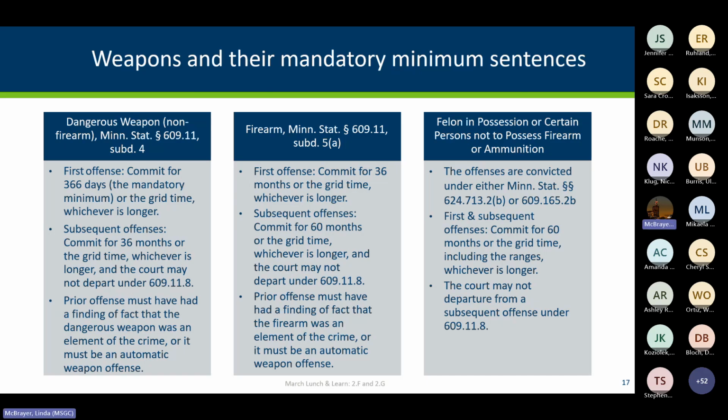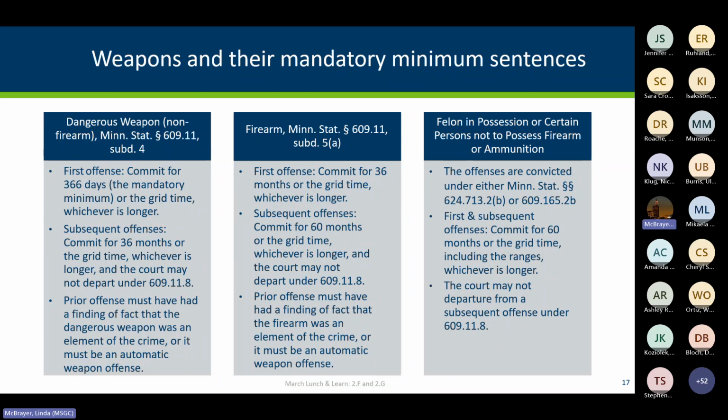That's a commit for 366 days or the grid time, whichever is longer. But if they have a subsequent dangerous weapon offense, it's a commit for 36 months or the grid time, whichever is longer. And here, in those situations of subsequence, the court may not depart under 609.11 subdivision 8, which allows for it.